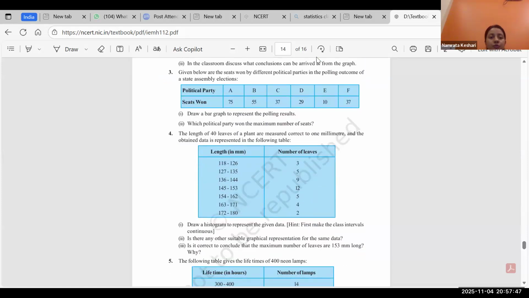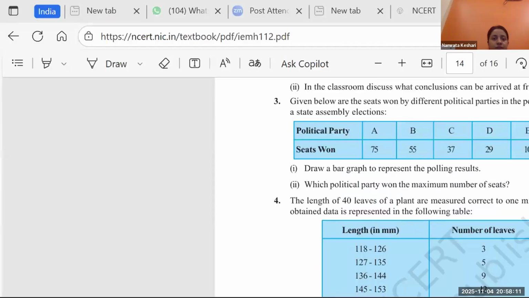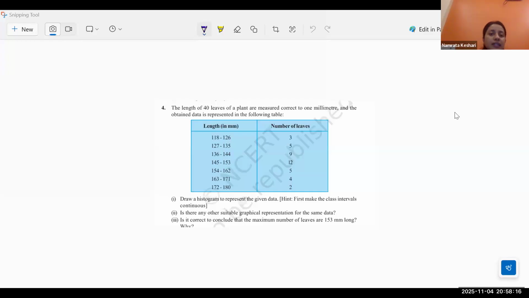Question number 4. We will be plotting the histogram over here. The length of 40 leaves of a plant are measured correct to 1 millimeter and the obtained data is represented.